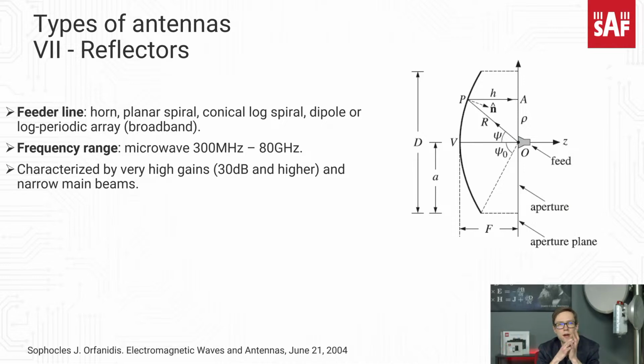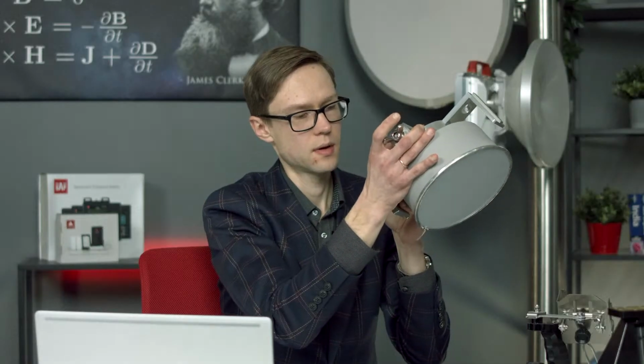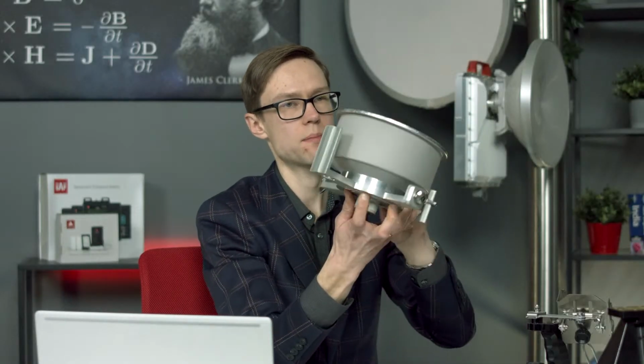But it is characterized by high gains. Usually it is in the order of 30 decibels and higher, and quite a narrow beam width, which is very beneficial in case of microwave communications. Well, this is another parabolic antenna, a very small one. This is for the E-band, for the 80 gigahertz, so you can see these dimensions.